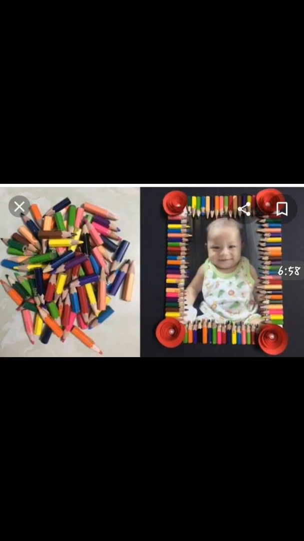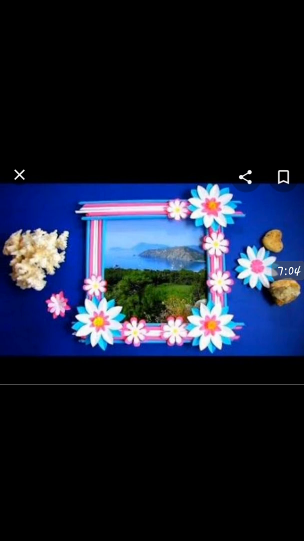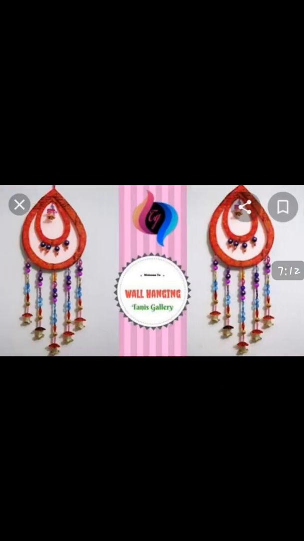We should also use waste material and waste straws and make a beautiful frame, and can make beautiful objects by using this.